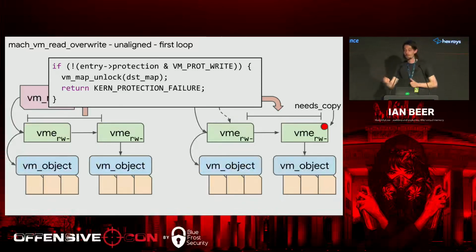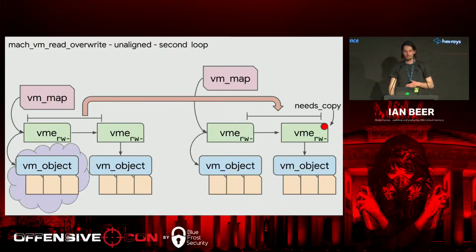Because those VMEs, remember, that's all that defines what the correct semantics for these VM objects are. So they must have writable VMEs, otherwise we must not manipulate them. And that's fine, so it goes through. In this case, both of our destination objects have the writable bit set, so this is fine. Now it's time to actually do the copy.